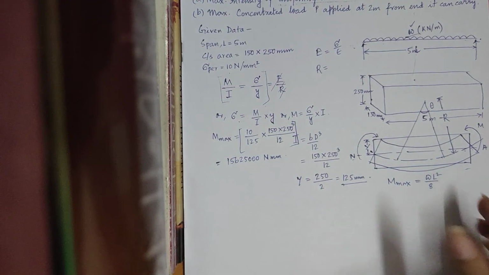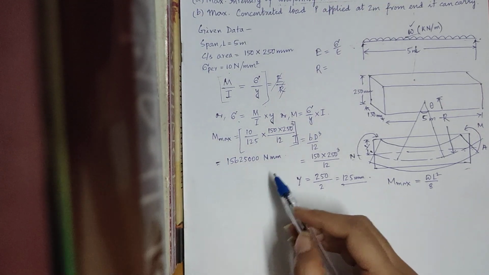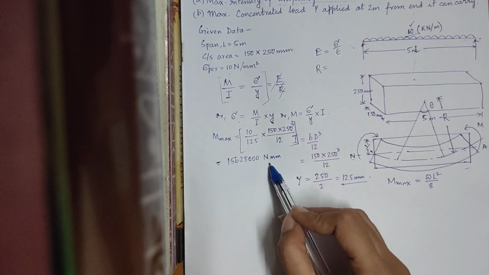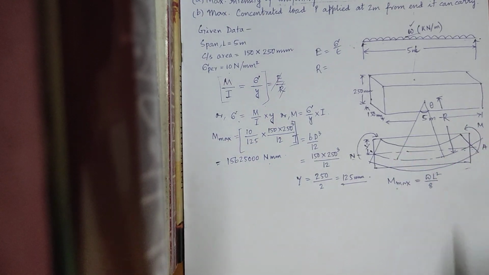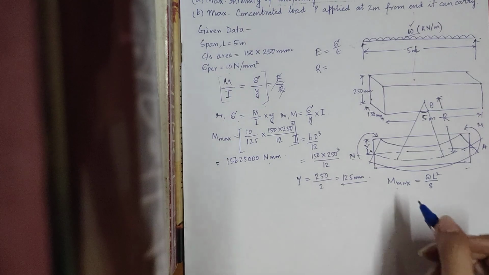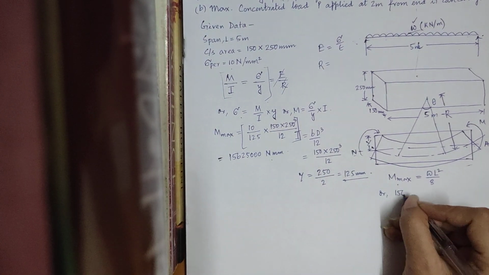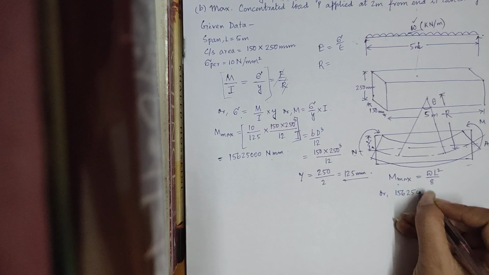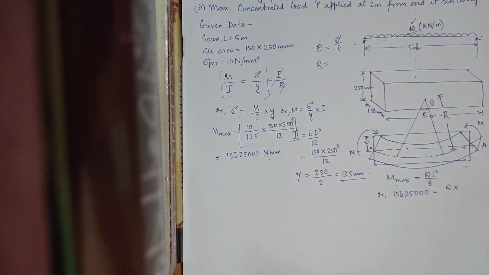Now we simply substitute the value of this M max in this equation, and we know L, which is 5 meter, and 8 is a number. So we write M max as 15625,000 is equal to W into L square by 8.